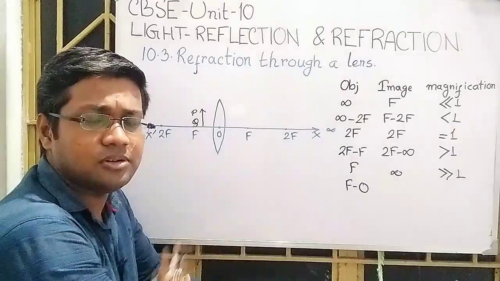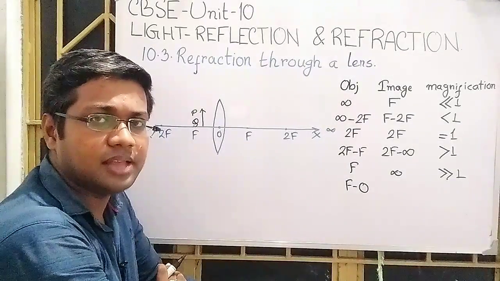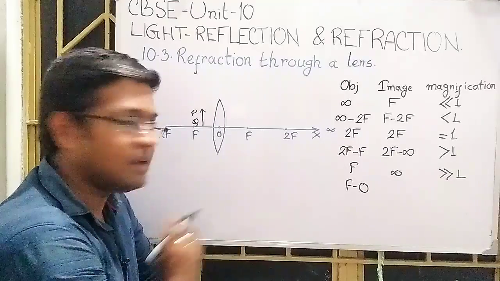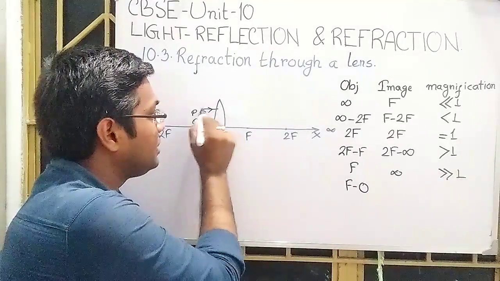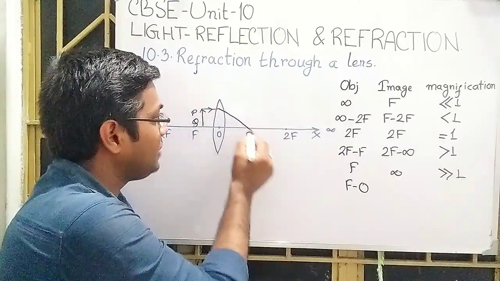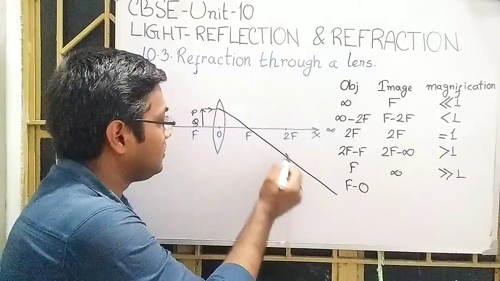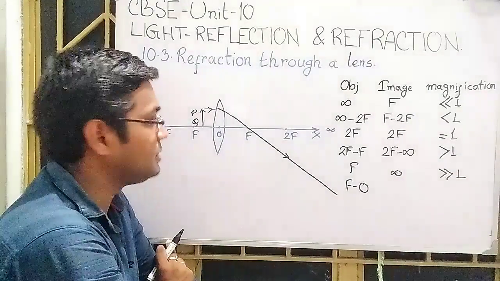So we will follow the rules of refraction, the rules of drawing the images through the lens. The ray parallel to the principal axis coming out from the point P, after refraction passes through the focus, following the first rule of refraction.